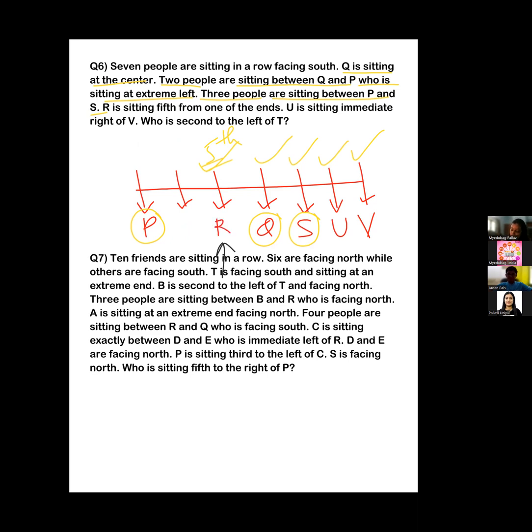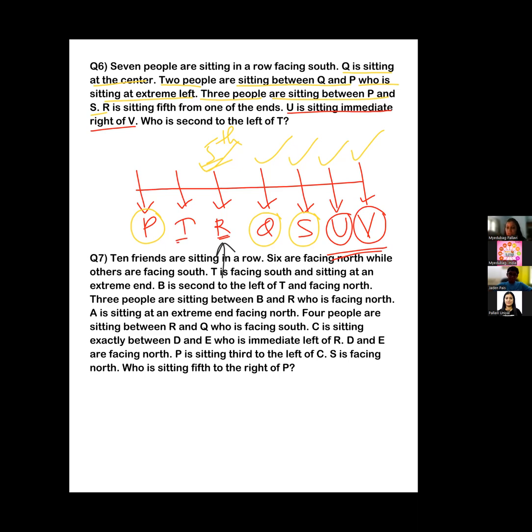And then U is immediate right of V. You have done this correctly, because these are the only two positions possible for U and V. Whatever is left now, T is left, so T will be here. So it was just a little mistake between R and T; all the other positions are correct.